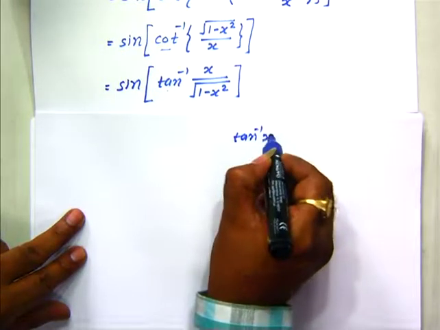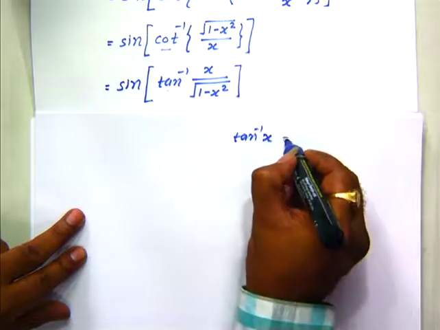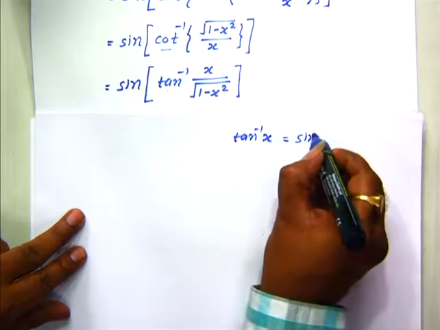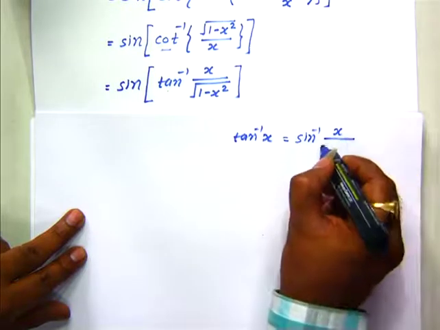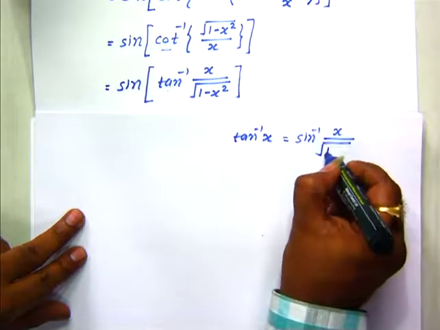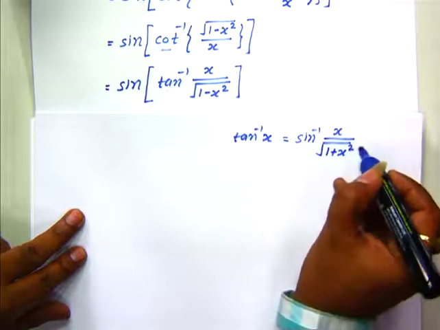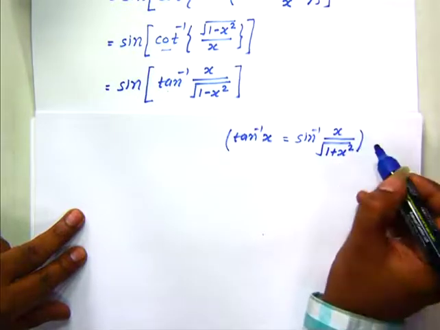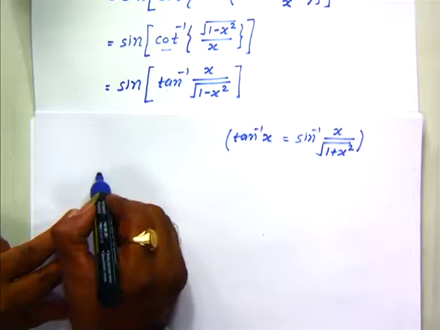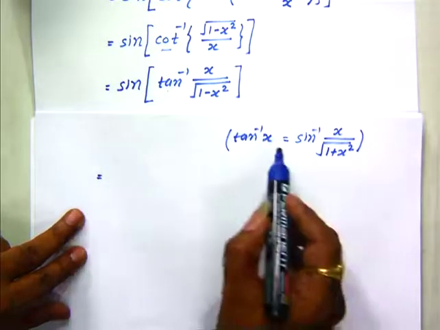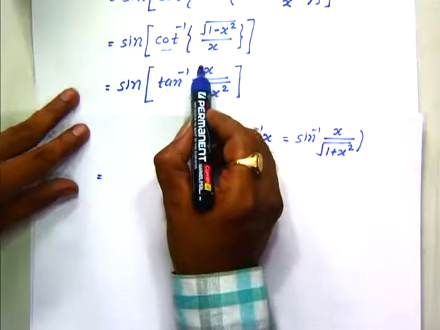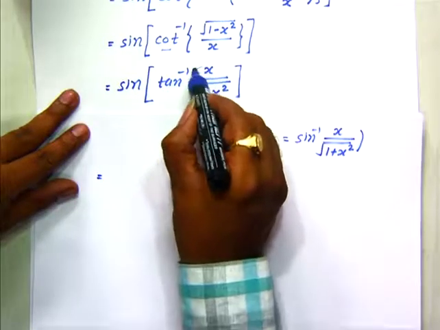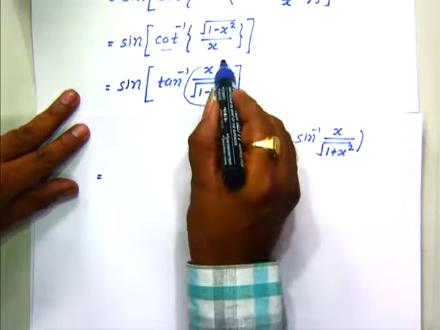Tan inverse x equal to sine inverse x upon square root 1 plus x square. We have to use this formula. Here this x is this part. See, this is our x.